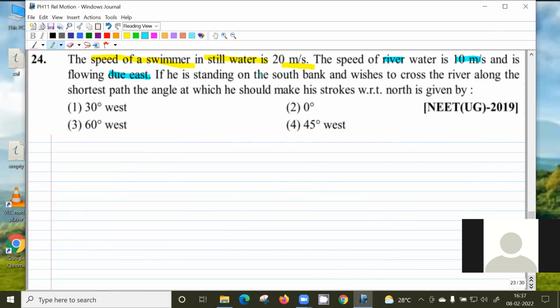He's standing on the south bank and wishes to cross the river along the shortest path. Find the angle at which he should take his strokes.